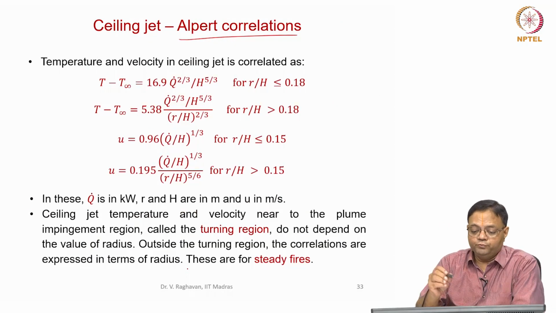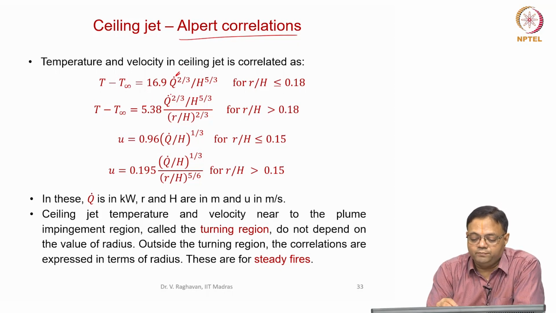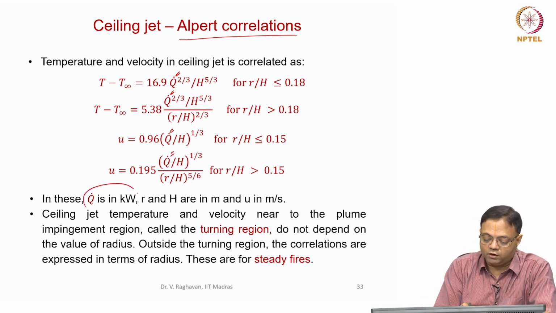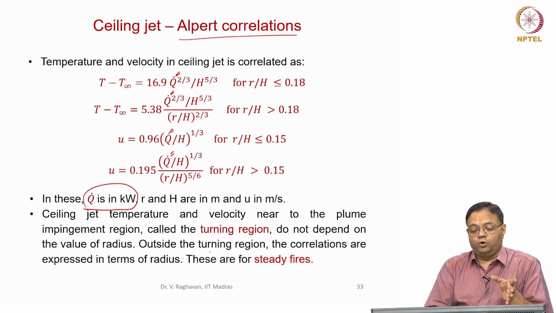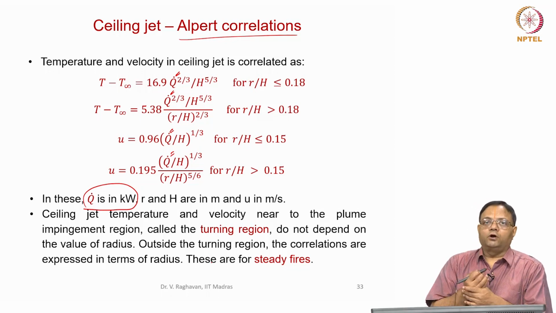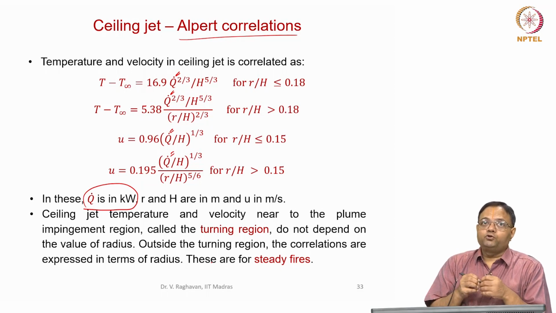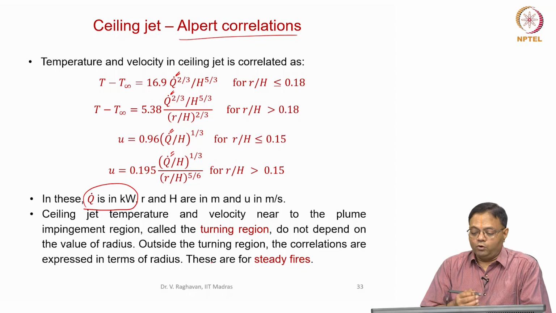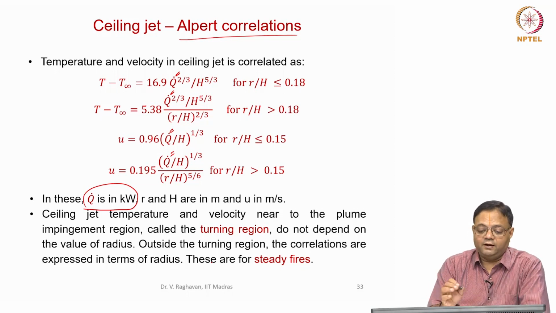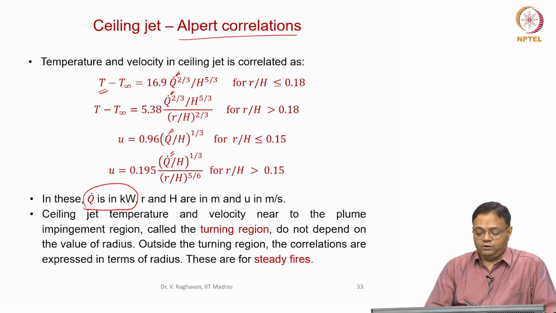These correlations are characterized by the Q dot here, which is in kilowatts. If the fire is steady, then Q dot will be constant. If the fire is not steady, then Q dot will vary with time, and it's very tough to really follow this.